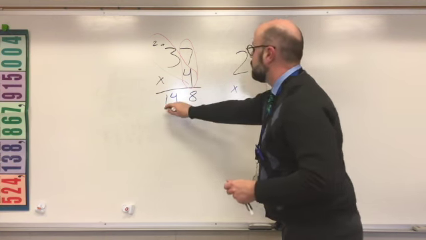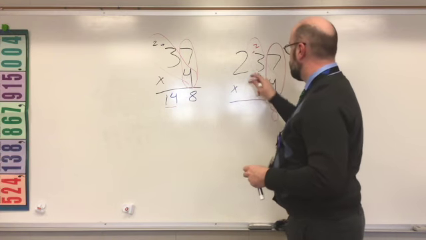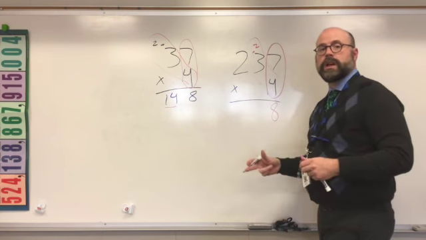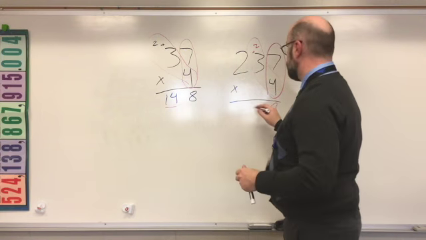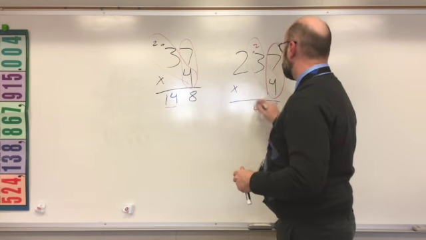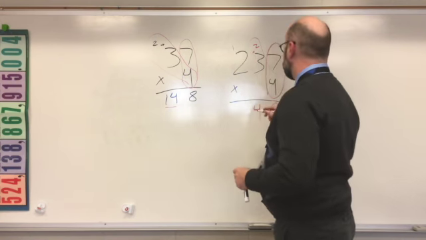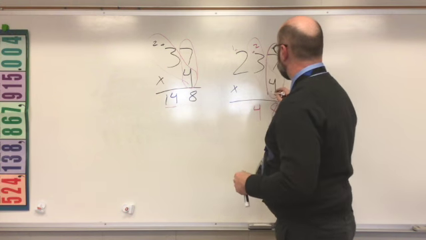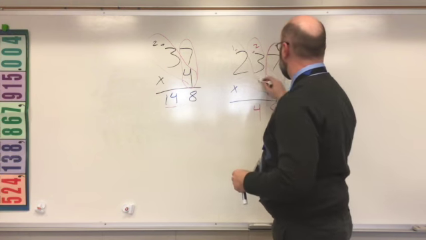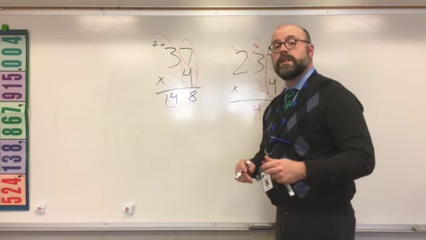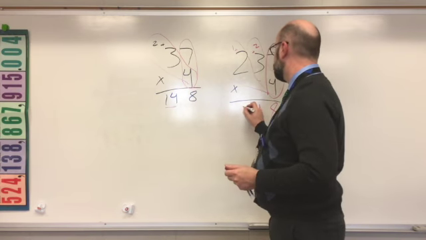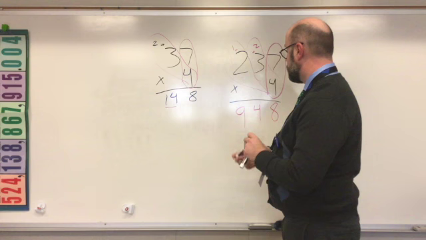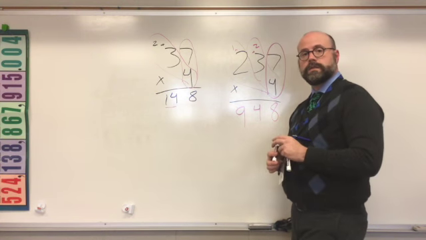But instead of writing the 14 down there, we still have one more number to multiply. So we're still going to write the number in the 1 spot down and carry the number in the 10 spot back over there. Then we multiply 4 times 2 and add the 1. 4 times 2 is 8 plus 1 is 9. 948.